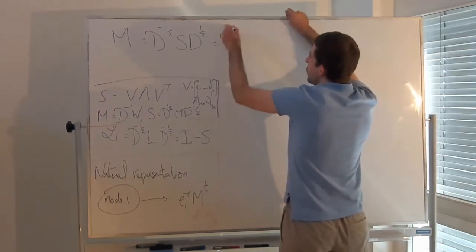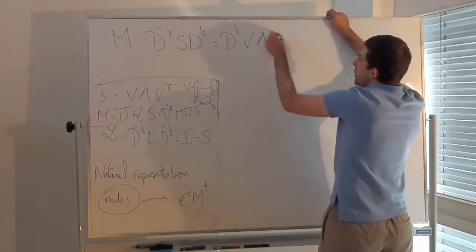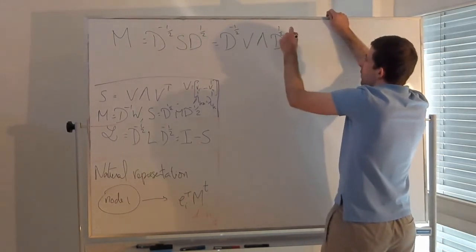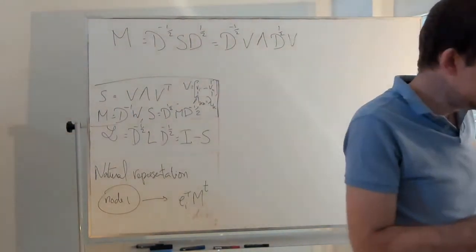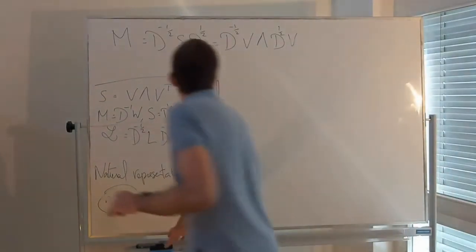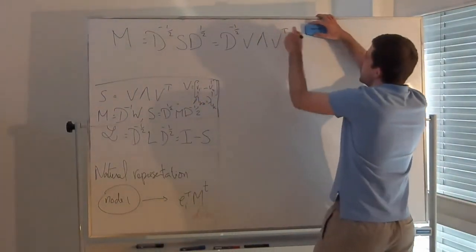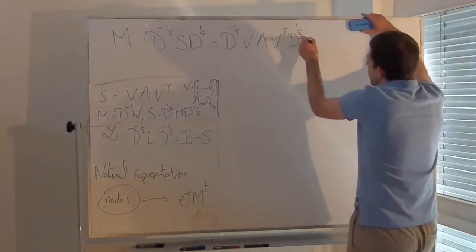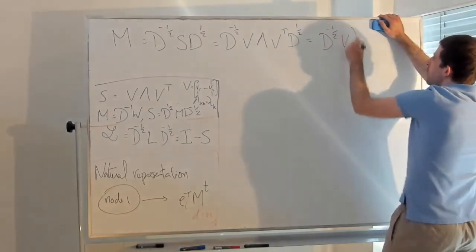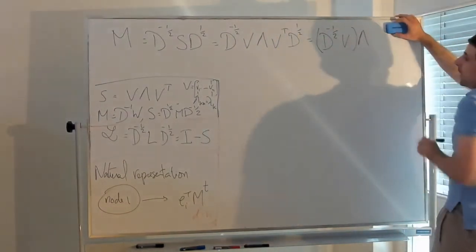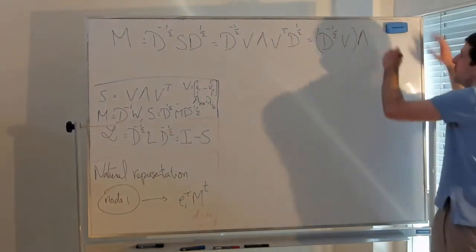I have D to the minus half V lambda V transpose D to the half. Oh, the V should be on the other side. I can rewrite this a bit better: D to the minus half V, and I know that these are also the eigenvalues of M, because M and S are similar.